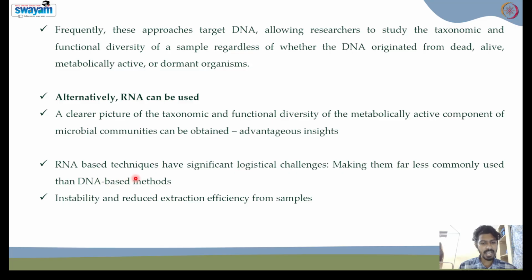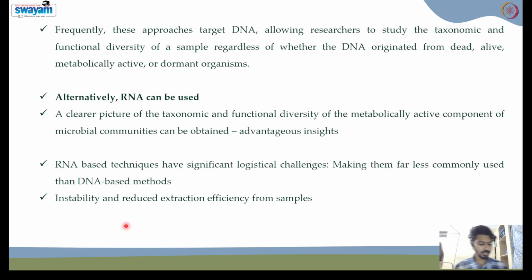These RNA-based techniques also have some challenges when compared to the DNA-based techniques because RNA is generally unstable and its extraction efficiency from the sample is very low. So these are the two important reasons why scientists go for DNA-based methods more often when compared to RNA.